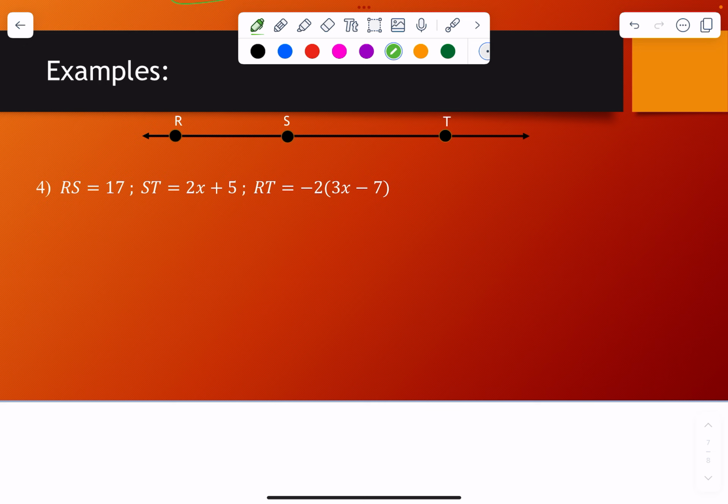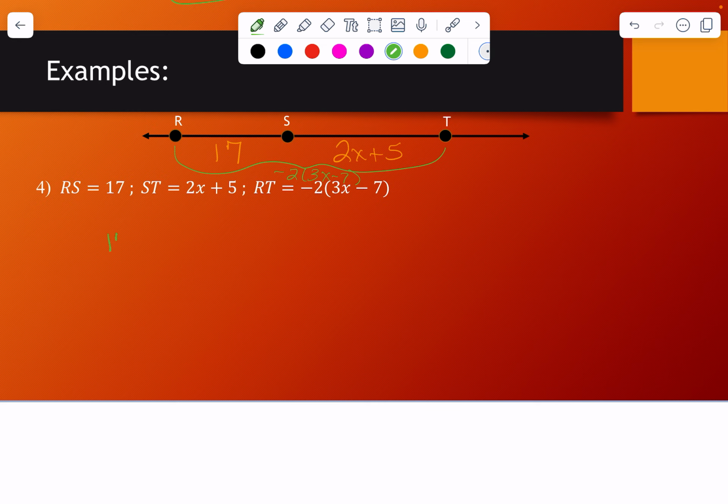So on this one, we start off and we say, okay, I have RS is 17, ST is 2x plus 5, and the whole thing is negative 2 times the quantity 3x minus 7. Okay, so we set that up.